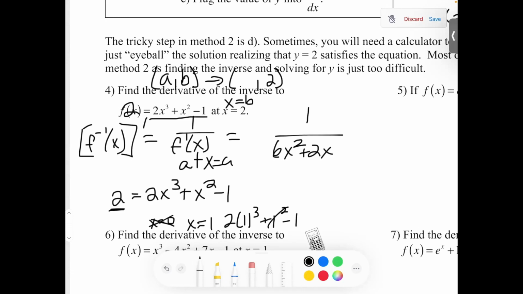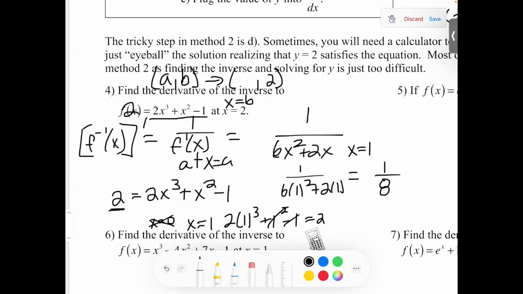The 1 squared and the minus 1 would cancel each other out, and 2 times 1 to the third is in fact 2. So we see that the answer is x equals 1. So this is 1 over this derivative at x equals 1. So we get 1 over 6 times 1 squared plus 2 times 1, which is 1 over 8. That will be our final answer.